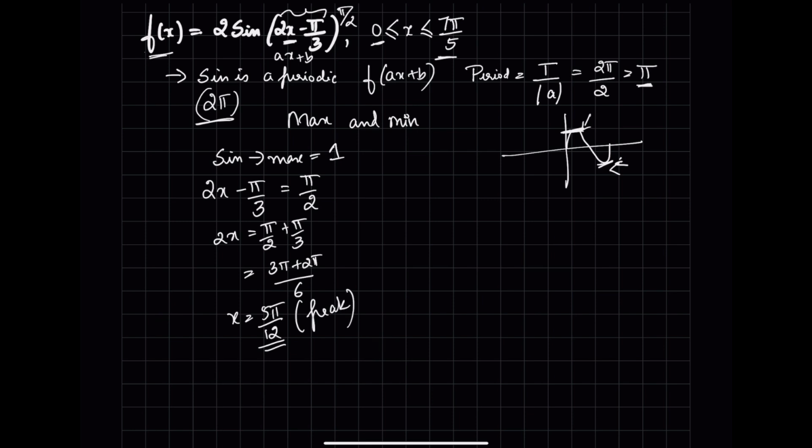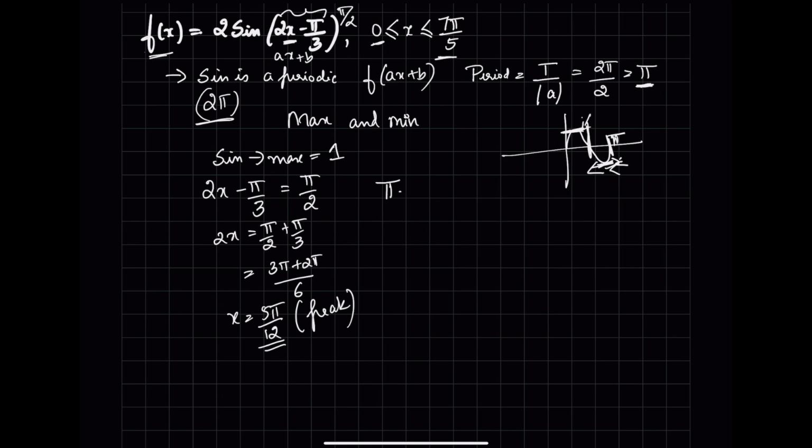Let's find the dip. What is the dip it will find? So now we know that the period is π. Sorry, the period is π, not π/3. If this is π, then if we subtract this part, we can find the dip. We just need this lower part of the graph now.